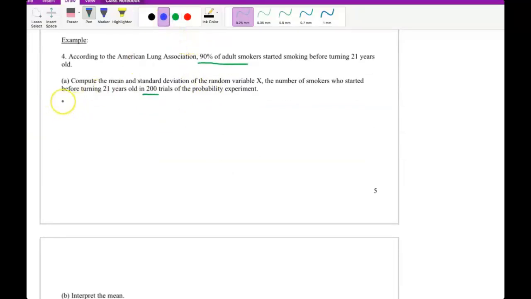Okay. So number of trials we have here is 200. Then probability of success is on top here, 90%. So based on that, probability of failure is 1 minus p. So 1 minus 90% is 10%.